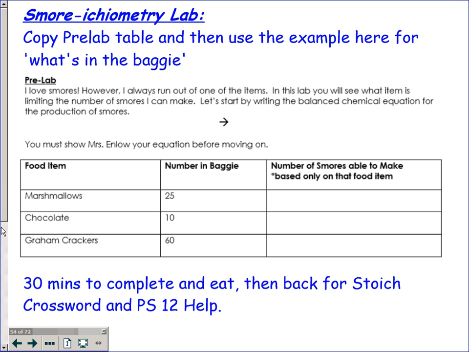There's only 1 correct BCE, Brown's chemical equation. And then I want you to figure out, when you're drawing your data table, you have these reagents or reactants. This is how much you have, and this is not really what you have in the baggie. This is just saying that if you have this stuff, how many s'mores could I make based on these food items? Okay, so take a second, talk to the person next to you while I go turn the gas on.